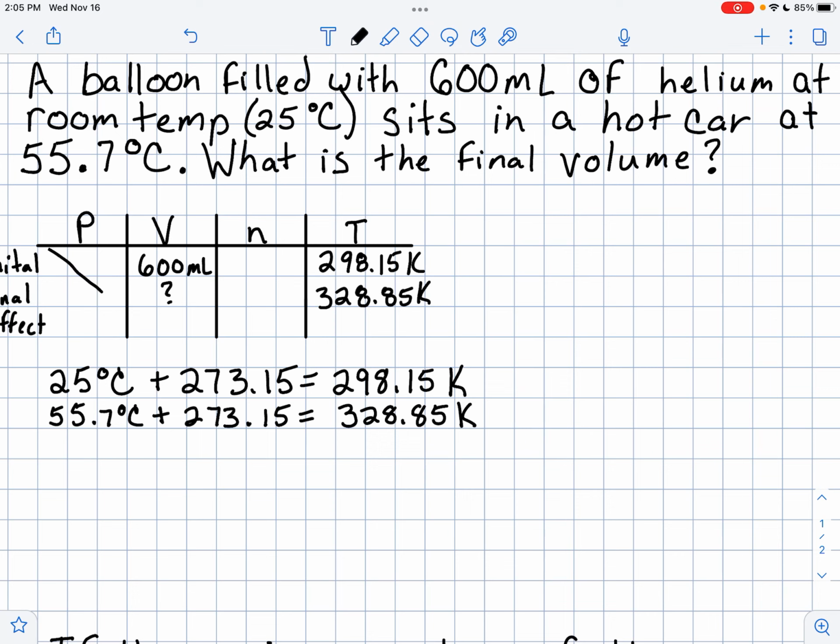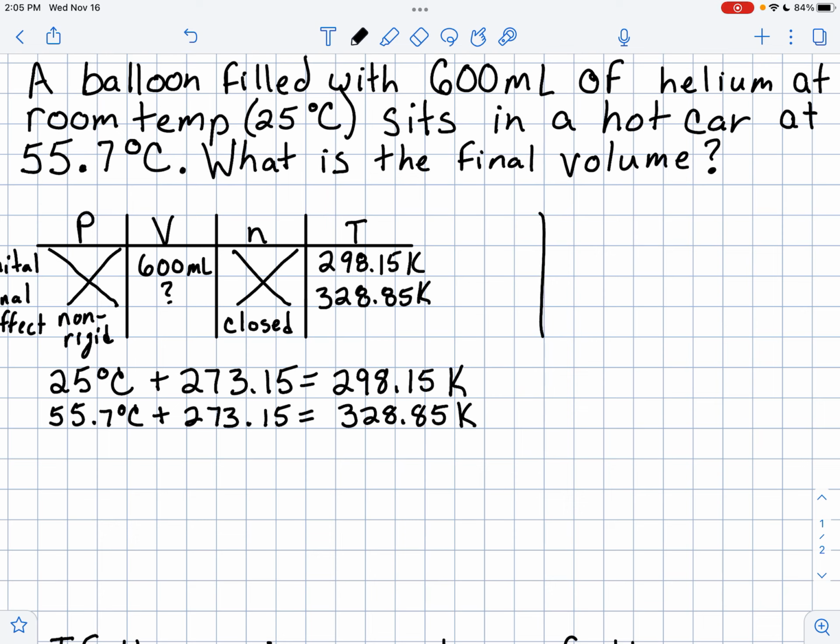This tells me that my pressure and my number will be constant. Pressure is constant because it's a non-rigid system. And my number doesn't change because it's a closed system.